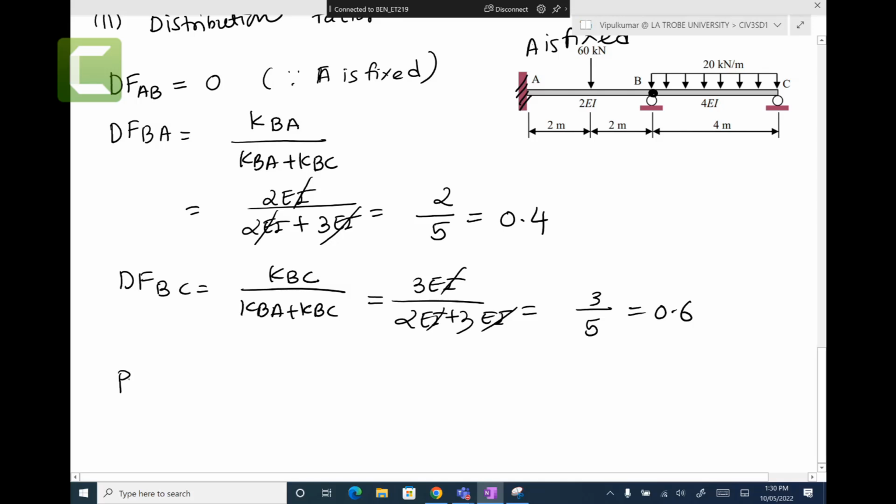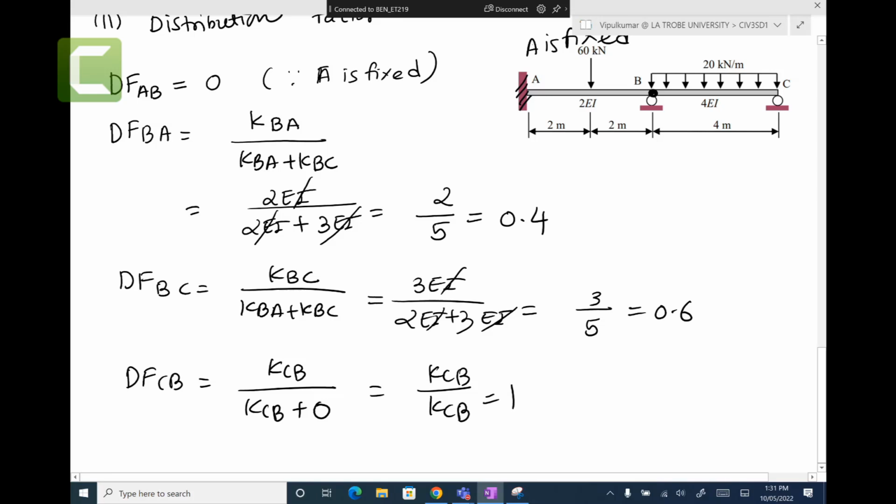Now distribution factor at CB equals KCB over KCB plus roller. There is no stiffness. This support C is a roller. A roller is not stiff, it does not resist anything. Therefore 0. So KCB over KCB equals 1.